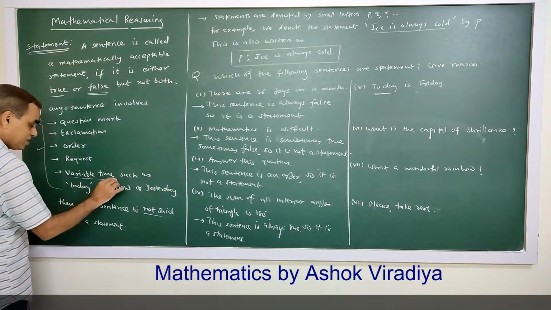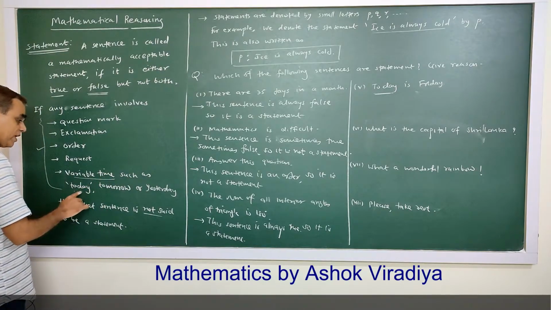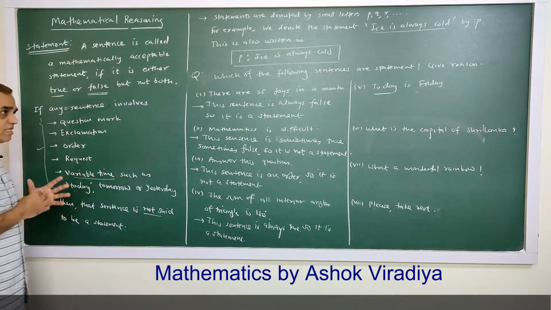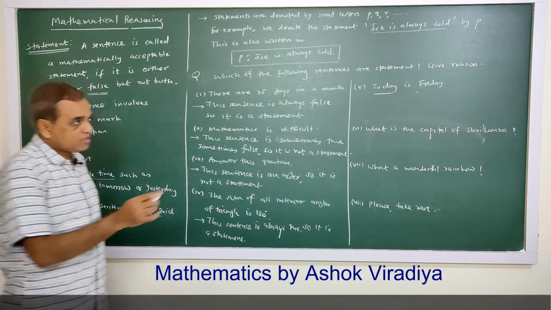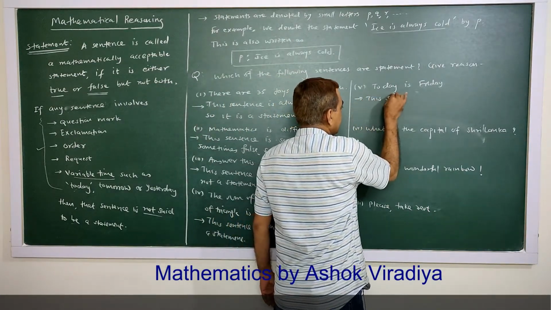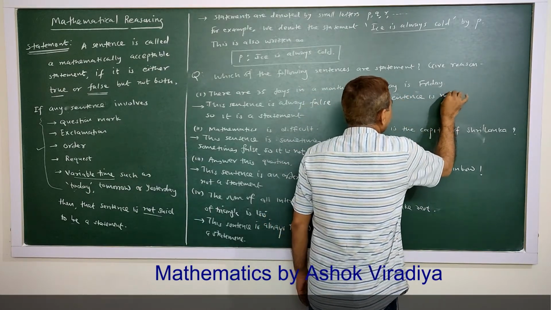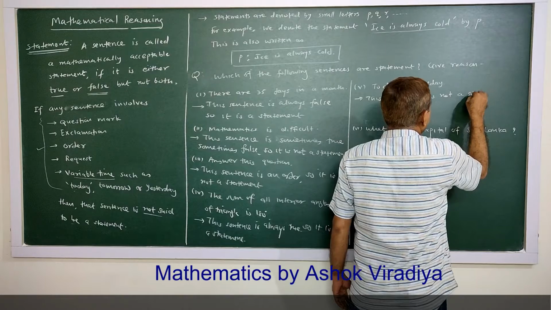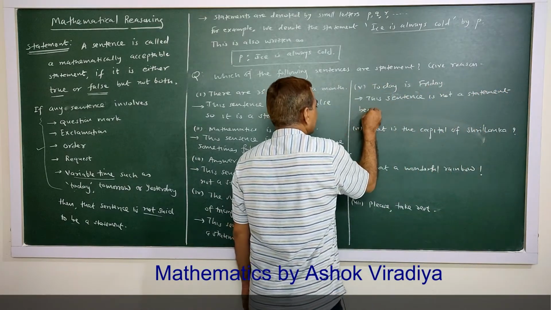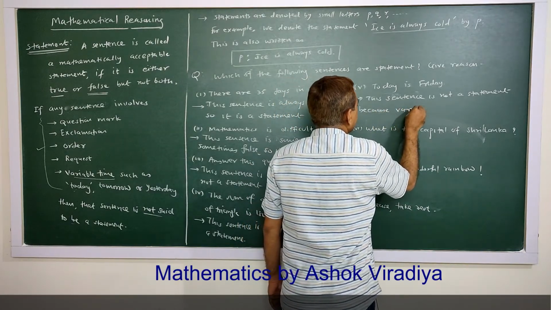If variable time like today, tomorrow, yesterday is used in any sentence, then that sentence is not said to be a statement. So this sentence is not a statement, because variable time is used.